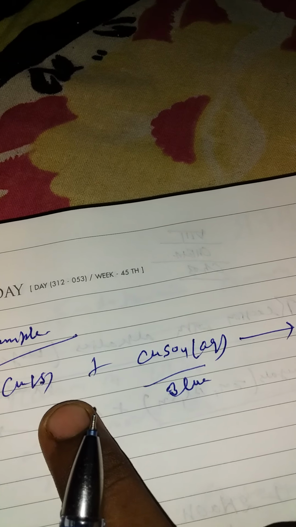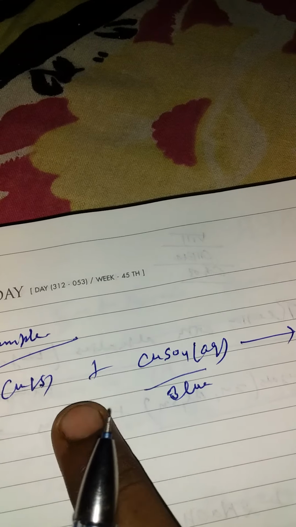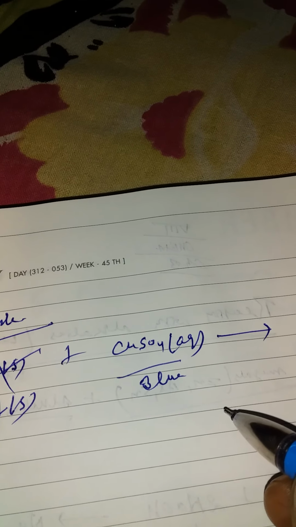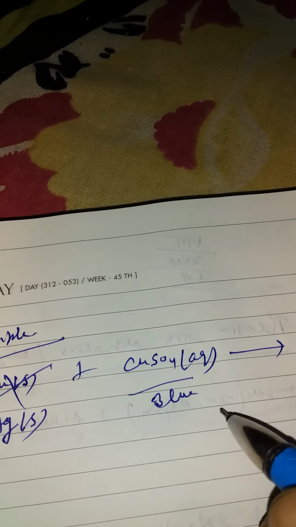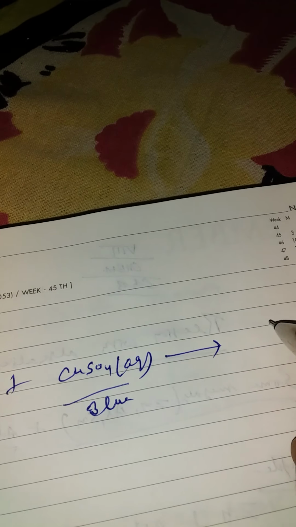So just for silver, because here copper and here also copper, so we take silver in the form of solid. Here in this chemical reaction we will see that no new substance is formed.